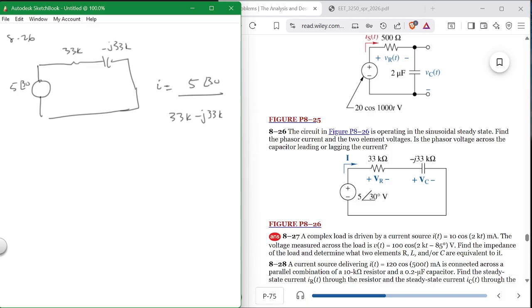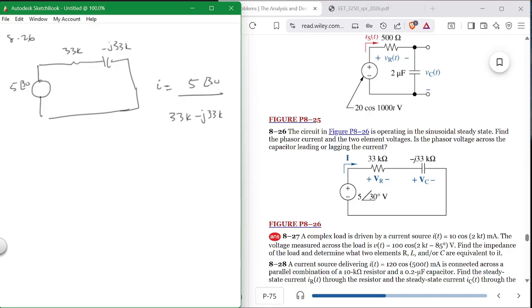And again, let's just look and see what we got. What is I? It's 5. Okay, so you say 5 at angle 30 divided by what? Parenthesis 33,000 minus 33,000 i, in parenthesis, equals.